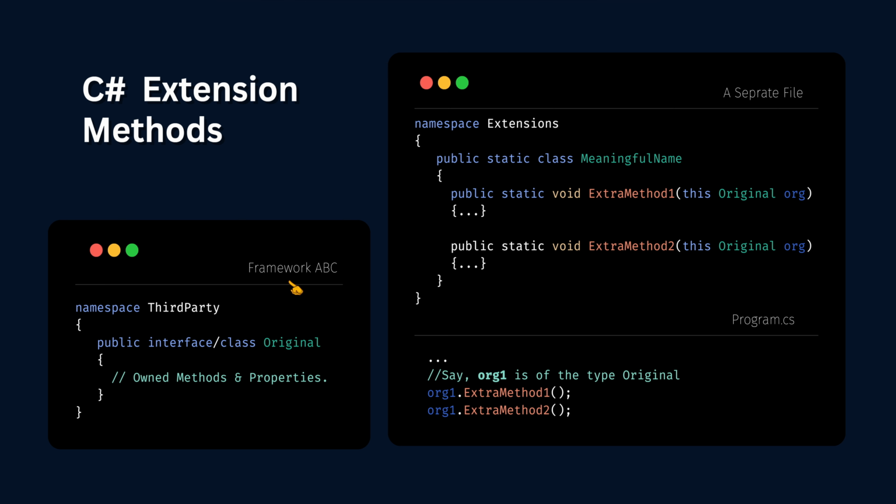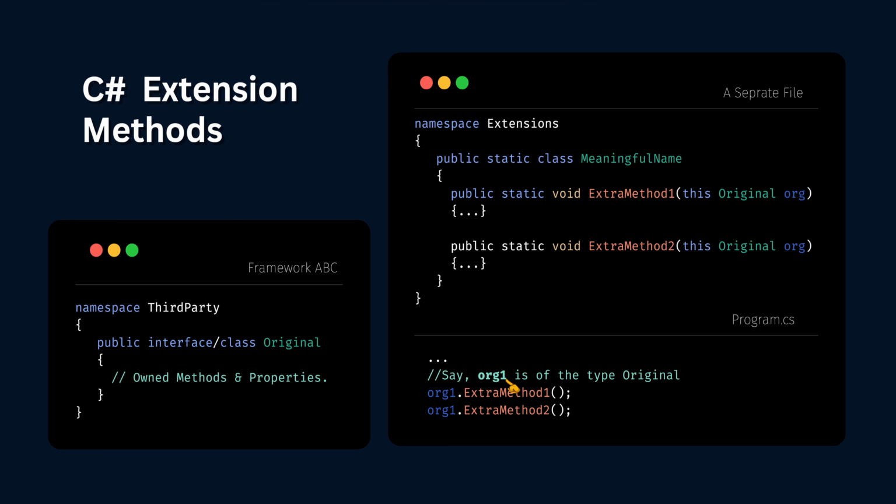Now suppose inside that we have an interface or class called original. The implementation of this type original is already done within the framework with its own methods and properties. Now using the C# feature extension method, we are going to extend this type original by adding our own methods from this Web API project here.